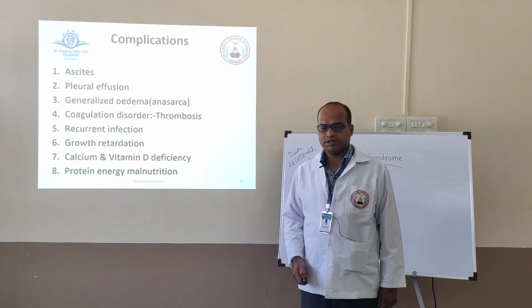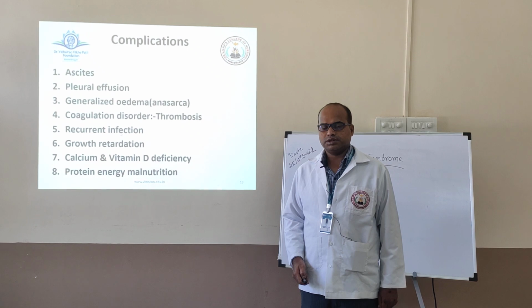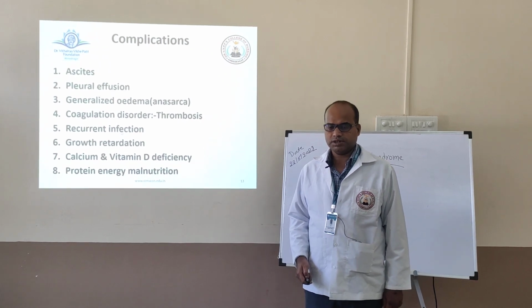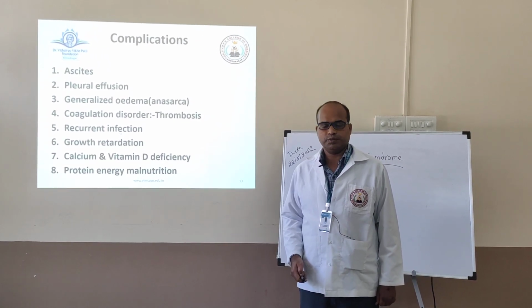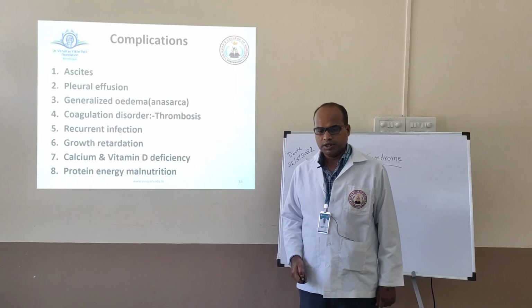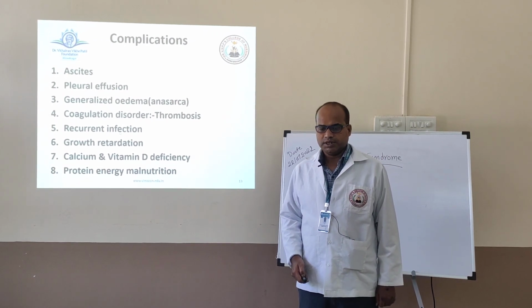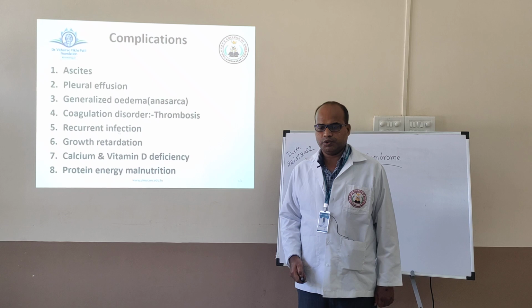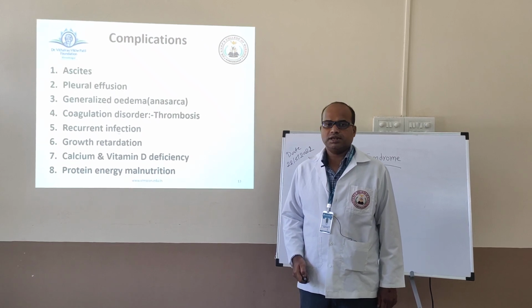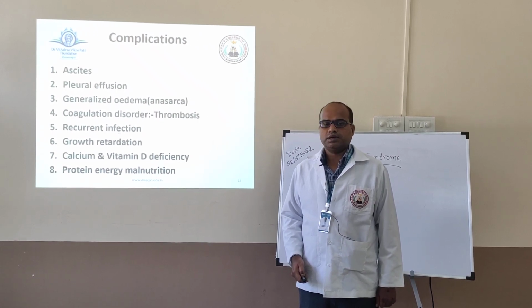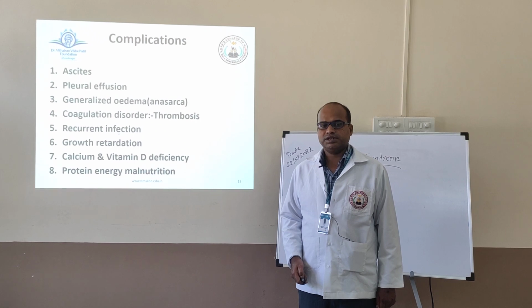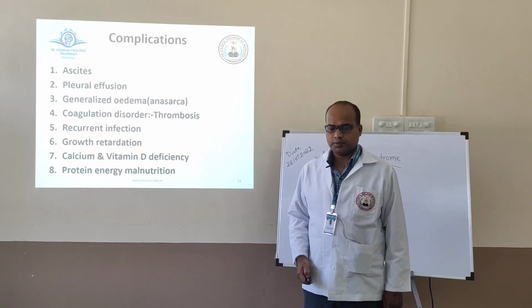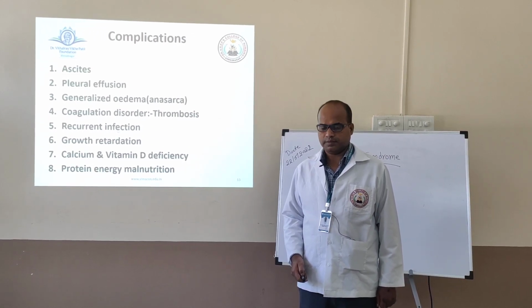The child is prone to recurrent infections with bacteria, protozoa or viruses. There will be growth retardation, calcium and vitamin B deficiency, and protein energy malnutrition. As there is loss of appetite and GI disturbance, protein energy malnutrition can happen.